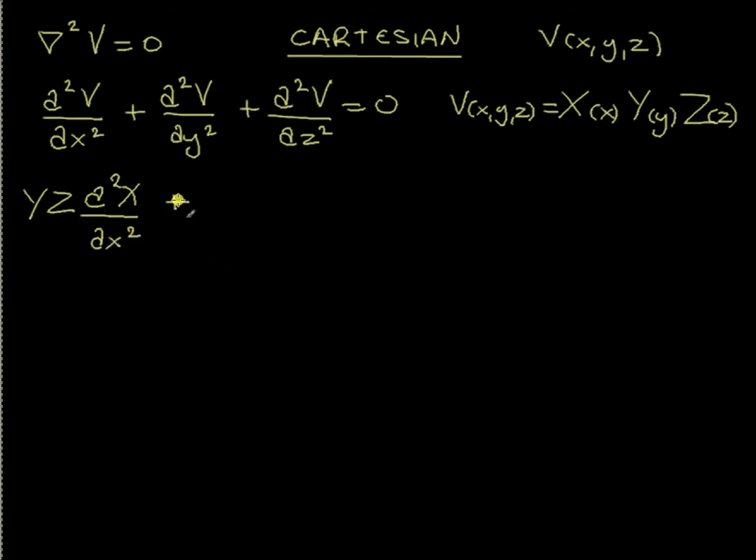Something similar is true for the second term. This partial derivative is with respect to y, and only the y function is the one that depends on y. The x function and the z function have no dependence on y, so regarding this partial derivative, they are constants. So what I can do, I can take them out.